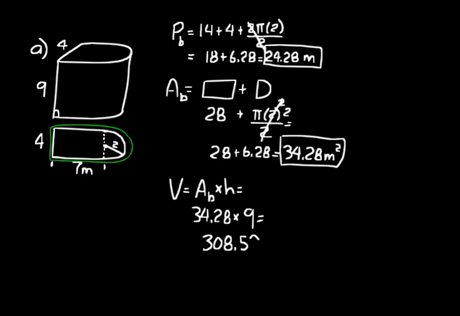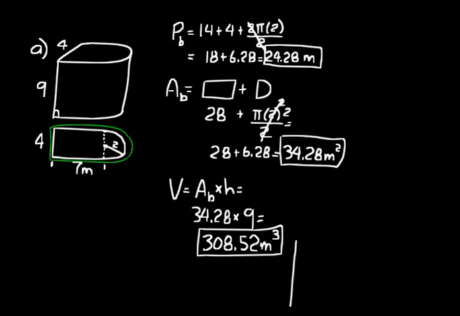Now we just multiply the area of the base, which is length squared, times the height, which is another length, so that's length cubed, or meters cubed. 308.52 meters cubed is the volume for that right solid.